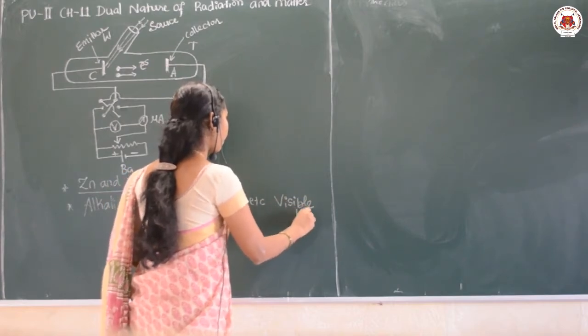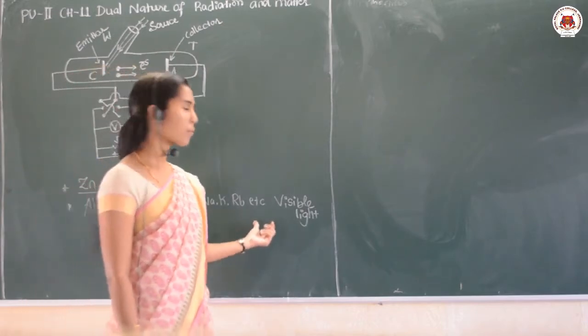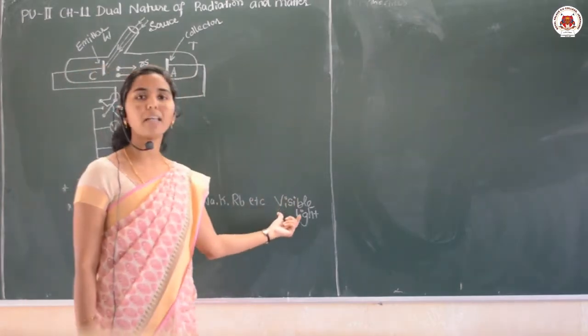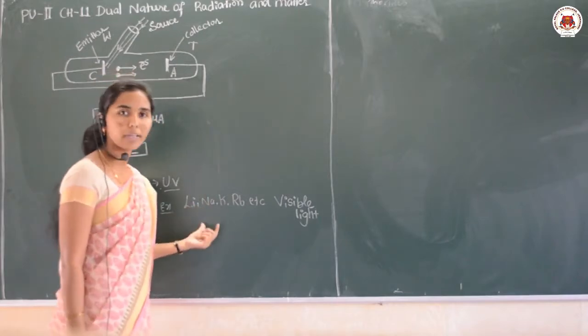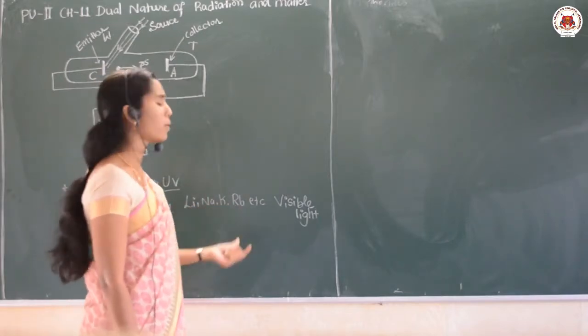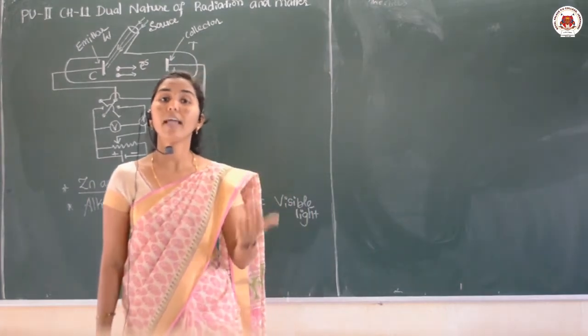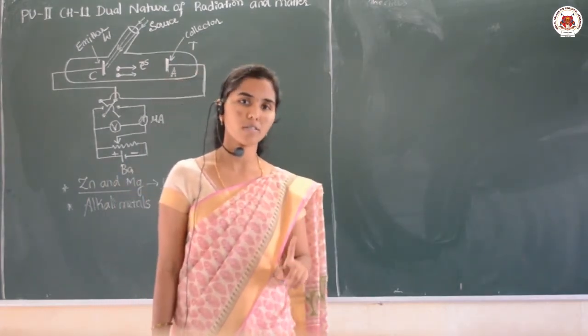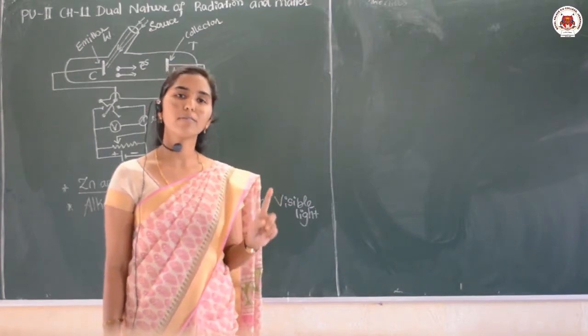These are photosensitive for visible light. What does it mean? When visible light of suitable frequency falls on the surface of lithium, sodium, potassium or rubidium, that means alkali metals, they emit photoelectrons. So they are called photosensitive for visible light.